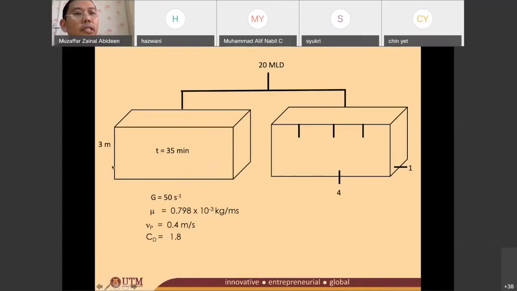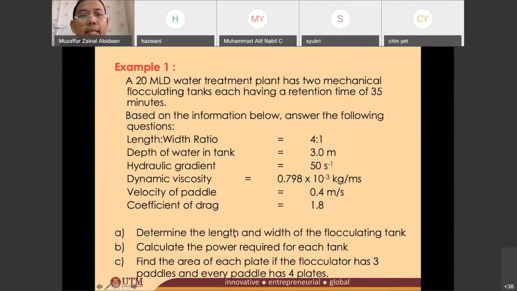The depth of the water is 3 meters. The detention time is 35 minutes. And then this is your G, the mu, the VP, the velocity of paddles, and also the CD. So the first question is to determine the length and the width of the flocculation tank.